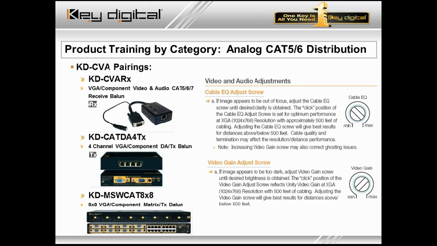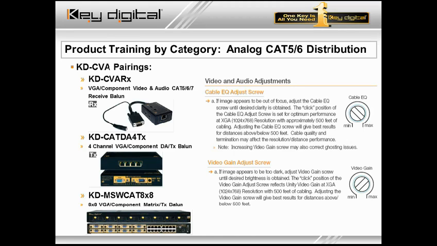Now keep in mind that this adjustment screw that we show the picture of, when it's straight vertical, you will feel a click position. So when your line's at 12 and 6 o'clock, you'll feel a click position, and that click position is representative of approximately a 500-foot run at 1024 by 768 or 720p resolution. So that's a fairly long run.